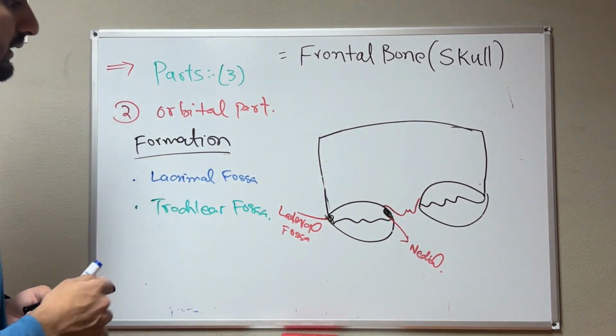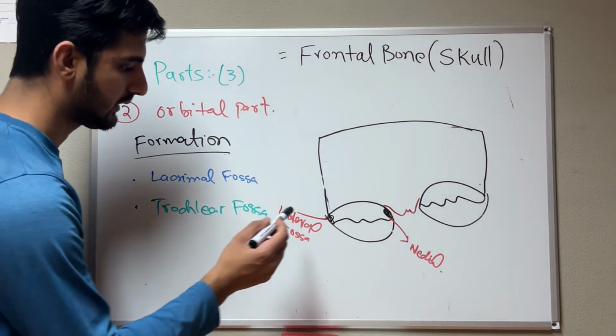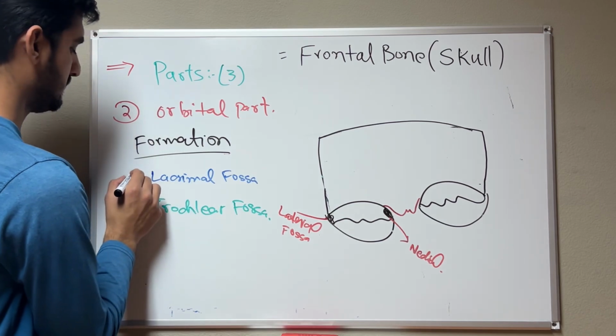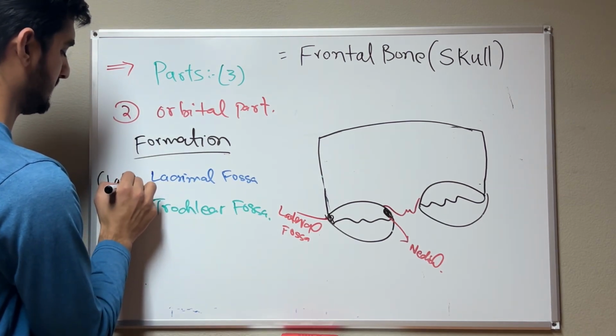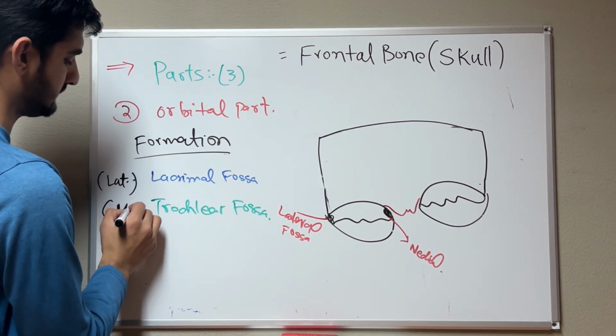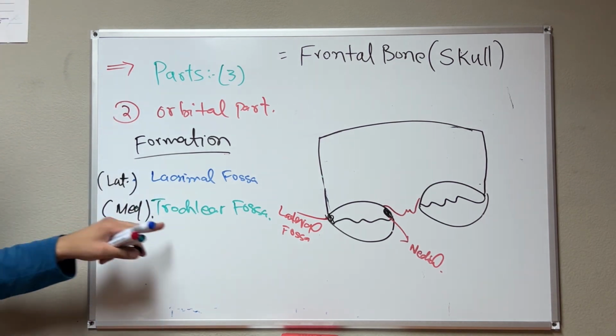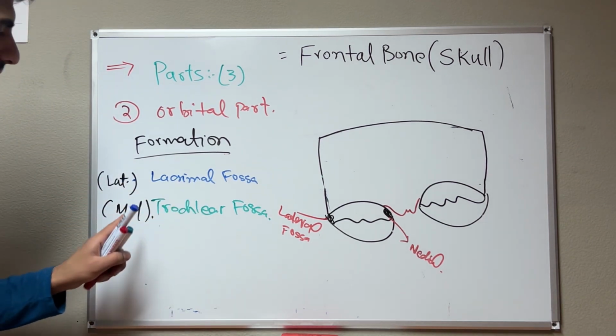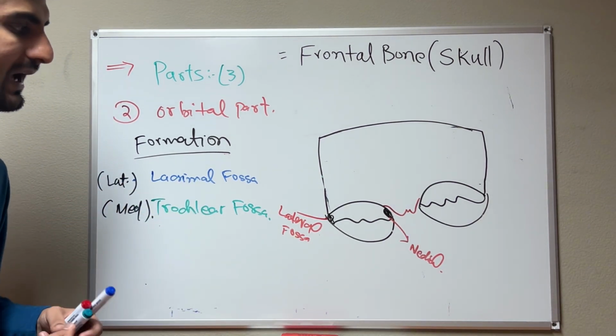Again, this is lateral and this is medial. Laterally we have the lacrimal fossa, and medially we have the trochlear fossa in the orbital part.